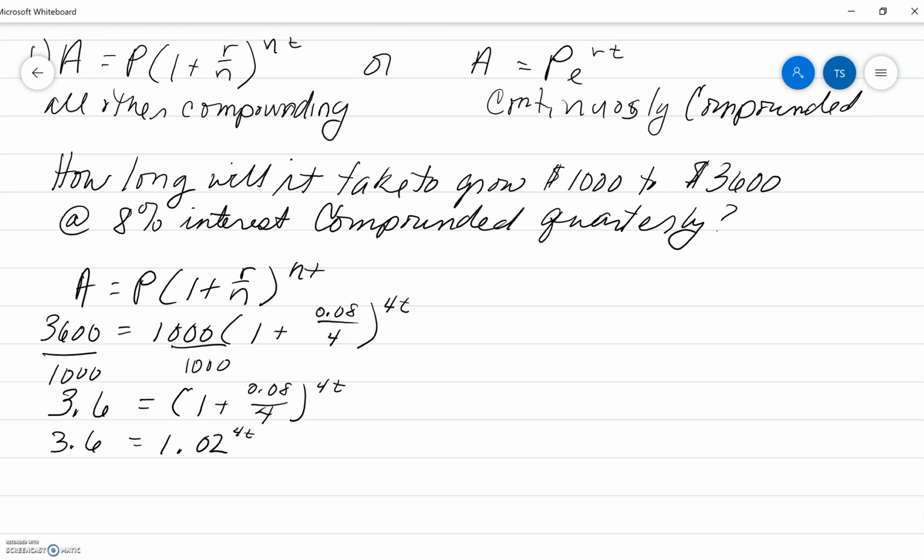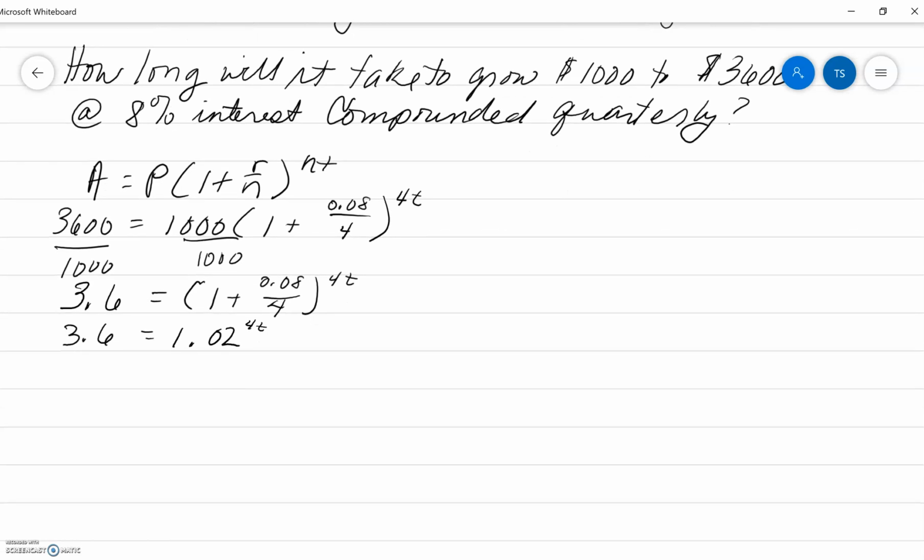Use a log. It does not matter which log you use, whether you use common log or natural log. I'm going to use common log. So I'm going to do the log of 3.6 equals the log of 1.02 to the 4t power. Use that property of logs that says we can bring this down in front. That's the power property.